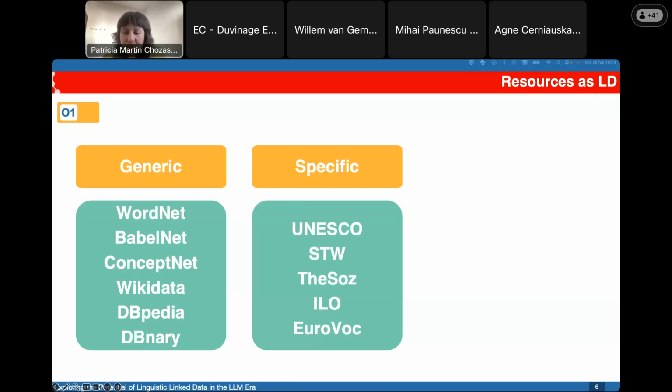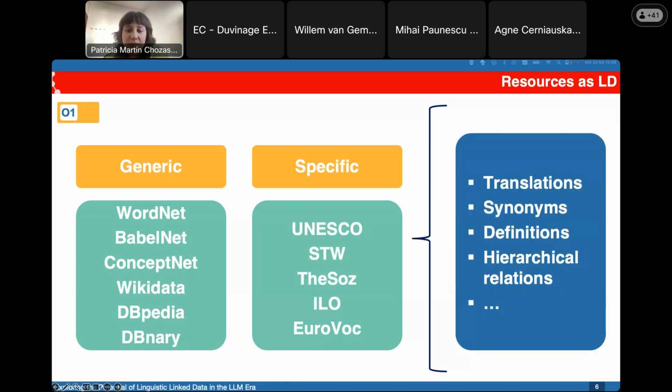Here I have selected some from the legal domain that I have been using during these years, such as the UNESCO Thesaurus, the STW, the International Labour Organization Thesaurus, or the well-known by everyone here, Eurovoc. These resources contain different types of data, such as translations, synonyms, definitions, hierarchical relations, and other terminological and lexicographical data that can be very useful for natural language processing.